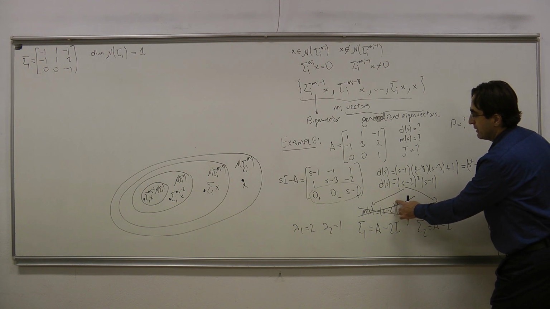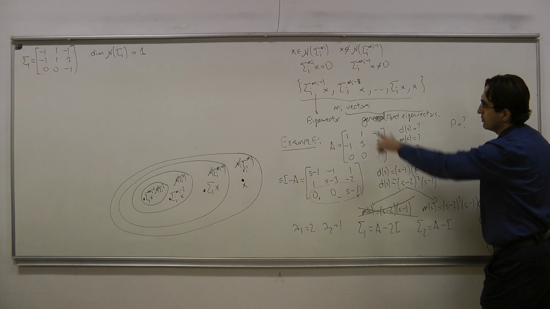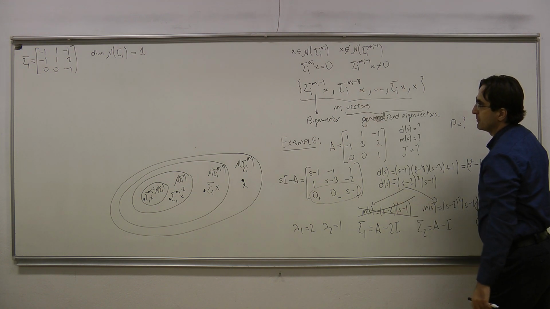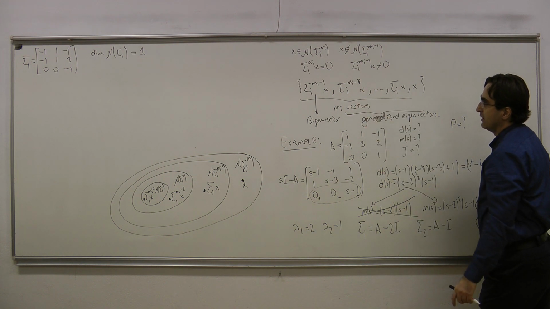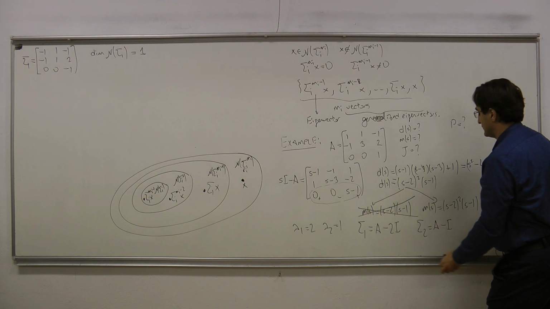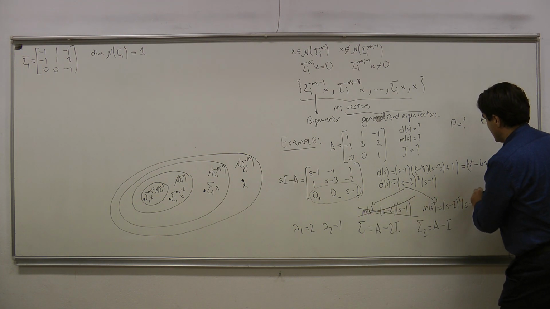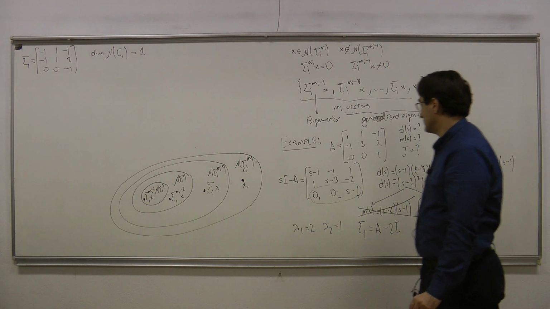Okay? Because we need to reach the largest possible dimension 2 at the minimal polynomial power. And here that power is 1, and I didn't reach the characteristic polynomial power as a dimension here. So the minimal polynomial of this matrix cannot be this one, but it is going to be the other one. Okay? So this is my minimal polynomial.